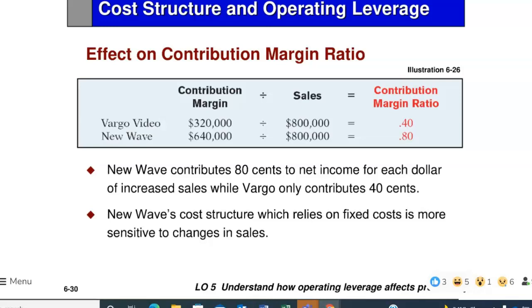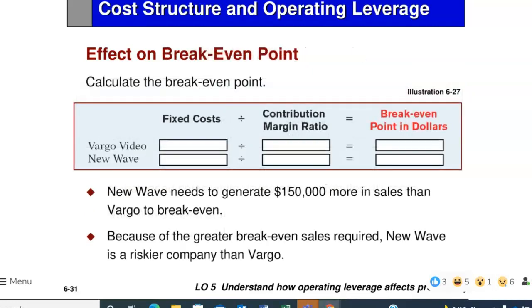So what does this do? Well, it means New Wave contributes 80 cents of net income for each dollar of sales, while Vargo contributes only 40 cents, half of that. New Wave's cost structure relies on fixed cost and is more sensitive to changes in the level of sales. Look at the break-even point.